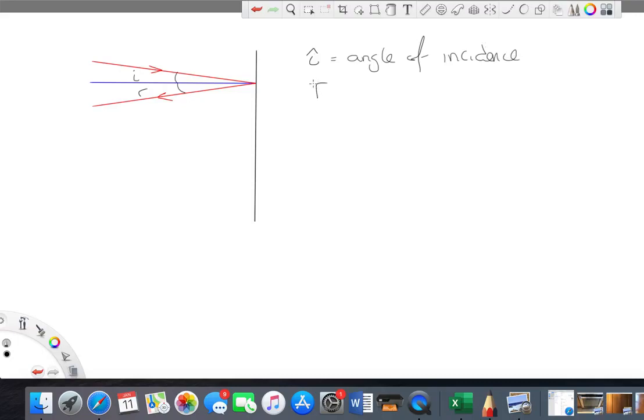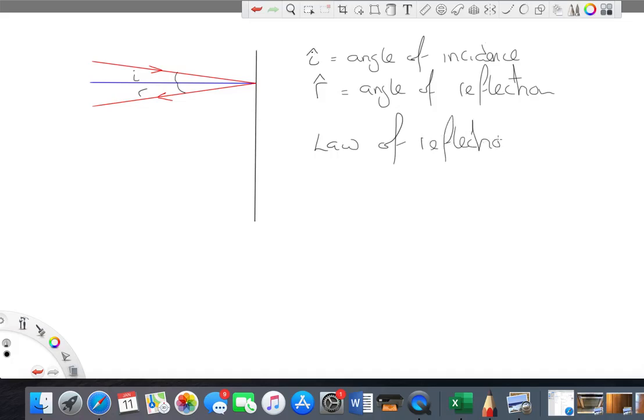The angle R, and these little hats, hopefully you know from maths, mean angle. Angle of reflection. And the law of reflection, which always applies for every wave under every circumstance that's being reflected, the law of reflection is that the angle of incidence equals the angle of reflection.